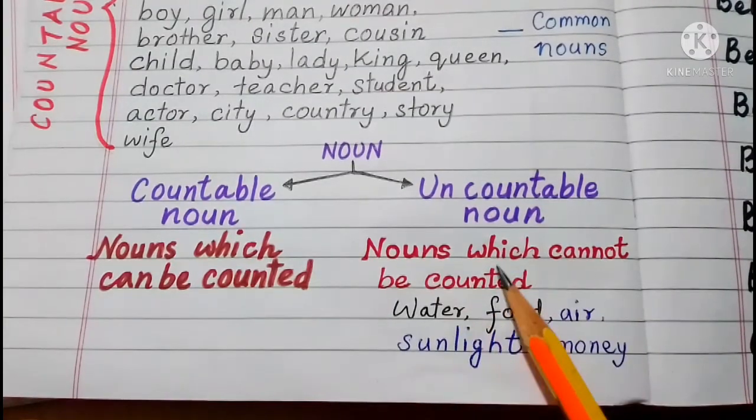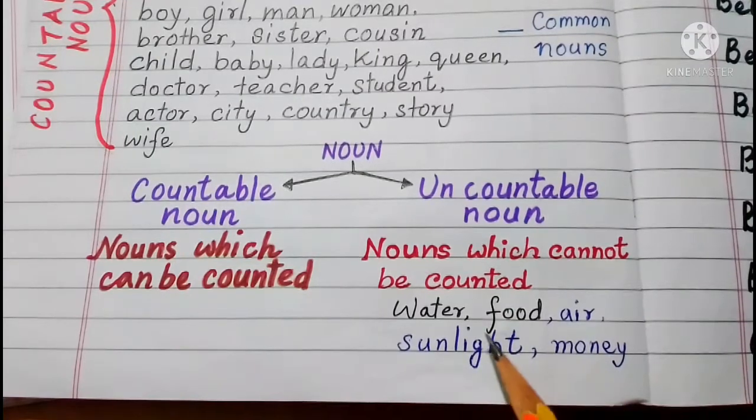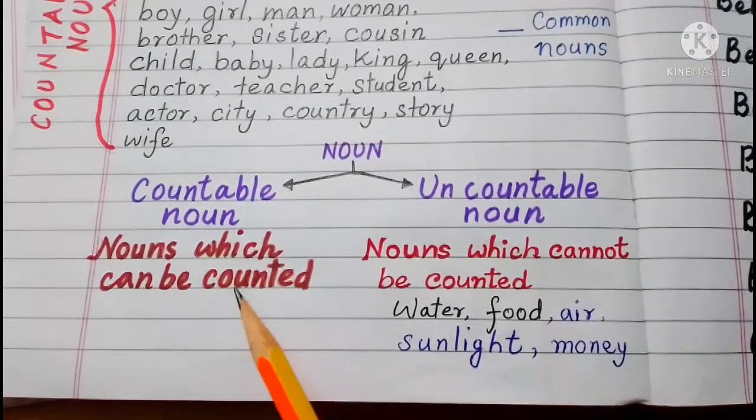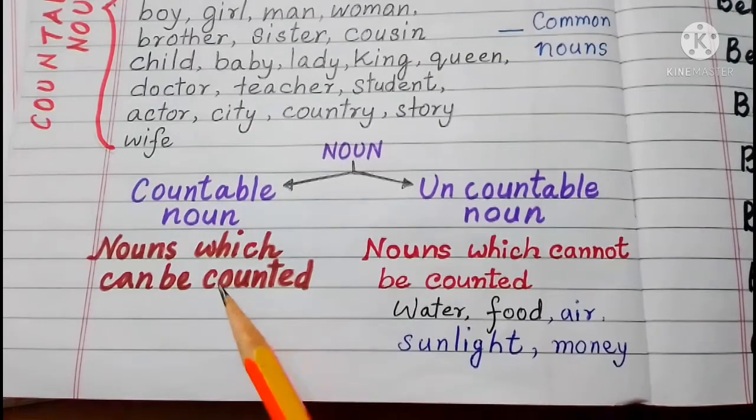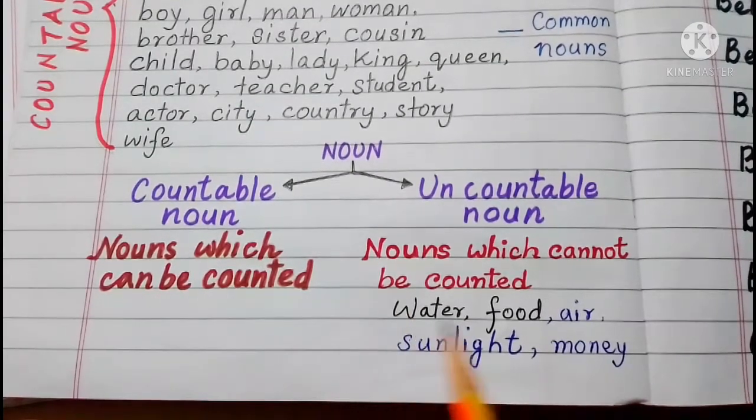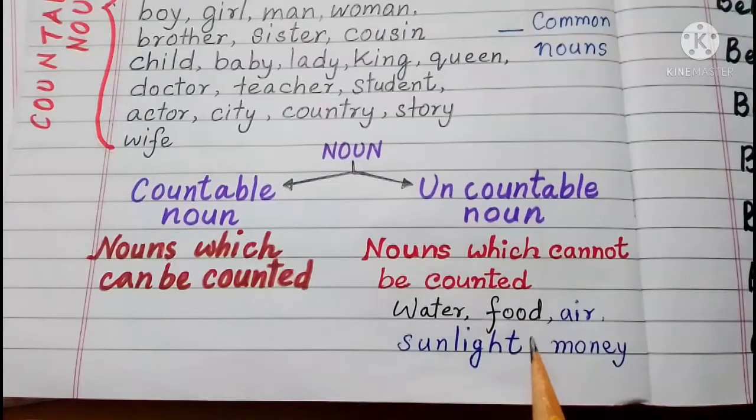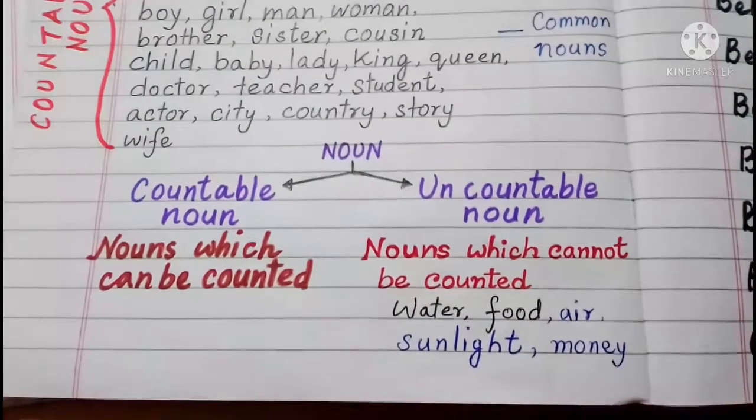Uncountable nouns are water, food, air, sunlight, money, etc. These are things you cannot count as 1, 2, 3, 4, 5, 10. But countable nouns like an apple, 5 apples, a pencil, a cake, a ball, you can actually count. And water, food, air, sunlight, money, etc. are uncountable nouns.